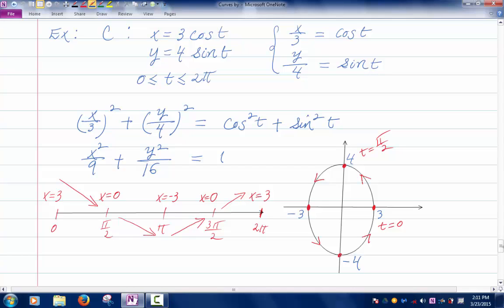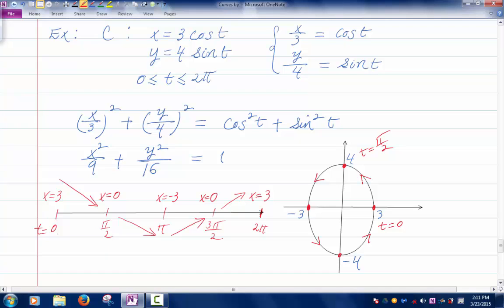When t is 0, what's the value of x? When t is 0, the value of x would be 3 cosine 0, and 3 cosine 0 is 3, because cosine 0 is 1. So when t is 0, x is 3.